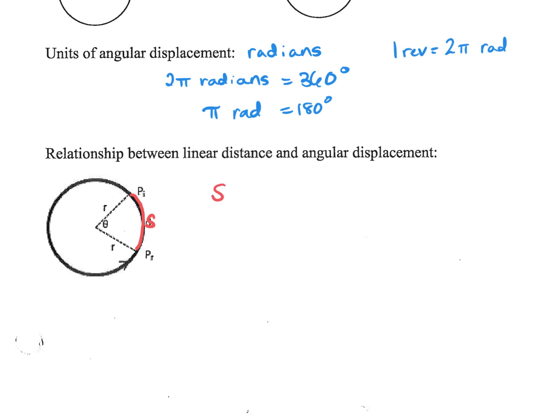S is equal to R theta. This is why the further out you get, the more distance you cover, right? Because that is a direct proportion. As R goes up, S goes up, doesn't it?